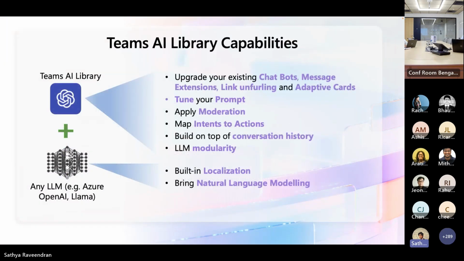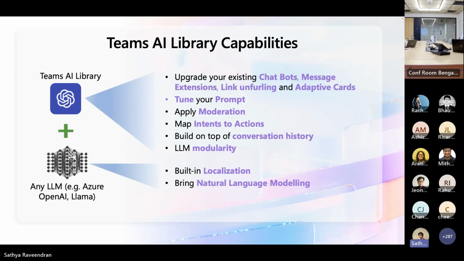Why should you use Teams AI Library on top of Azure OpenAI or any LLM? It brings all the capabilities that I mentioned out of the box. So you can apply moderation. You can check what's going in and out of the LLM and see if you want to moderate. Users can't share any sensitive information. Users can't ask something disturbing or violent.